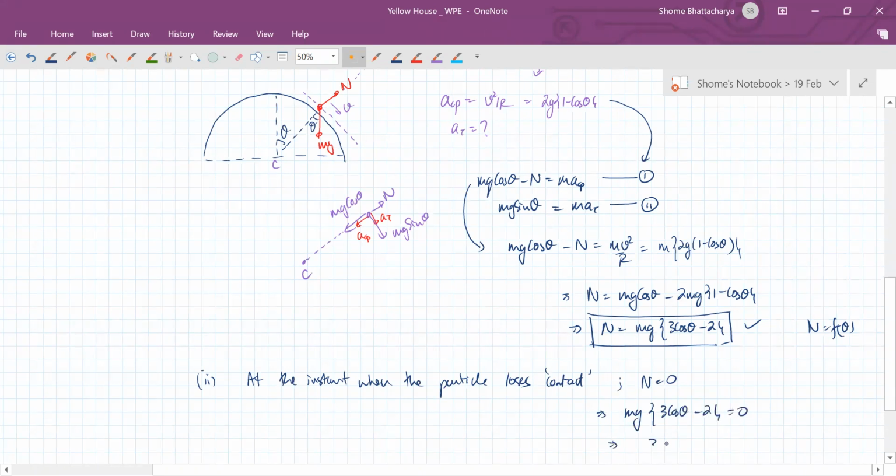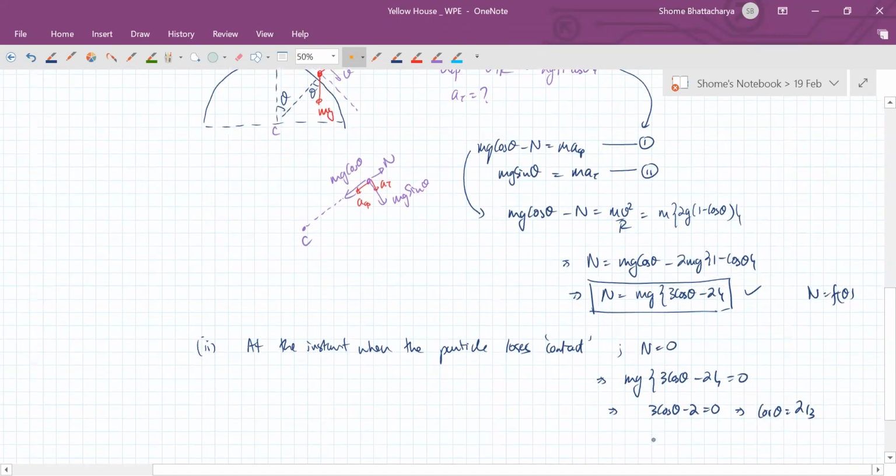So theta will become such that cos theta is 2/3. Okay, so this becomes our answer for theta.